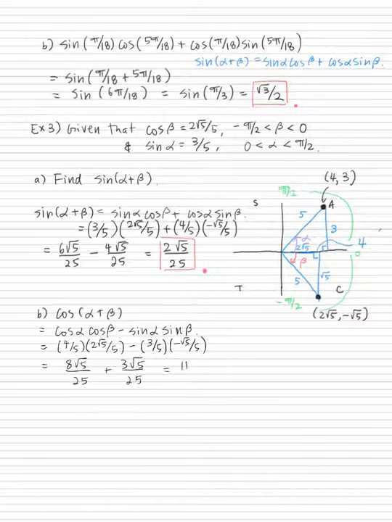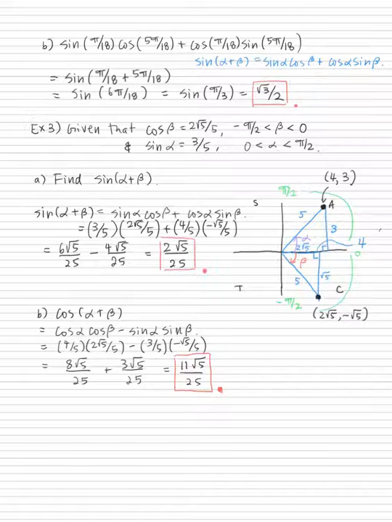So did you all get 11√5/25 for the answer? Or did I do this wrong? I think this is right. So here we go. I hope you did this one okay. If you have any questions about this, please let me know.